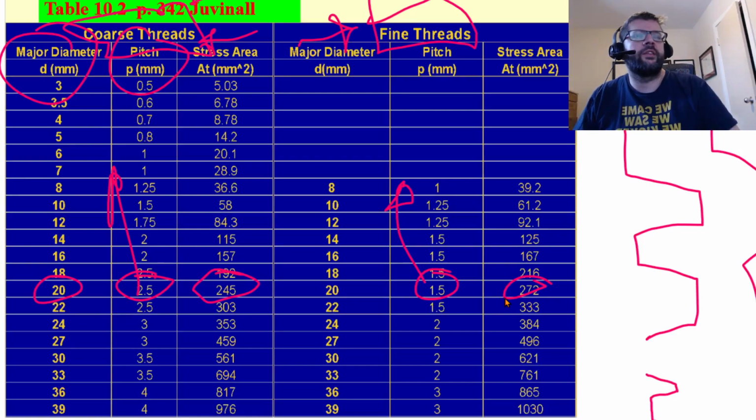Anyways, the coarse thread version is going to have a smaller stress area than the fine thread version. That having been said, oftentimes the threads themselves, because they're larger, may have a higher load carrying capacity. The failure isn't always just through the bolt, it can also be on the threads themselves, so we want to take those into account too.